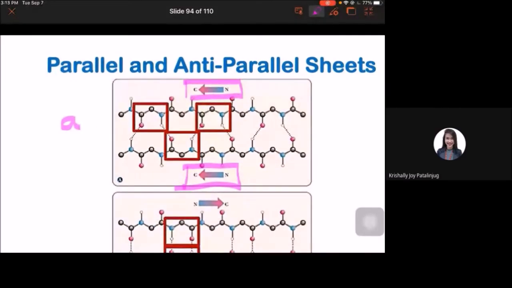Now, regarding the first figure, the ratio of hydrogen bonds is actually 2:1.